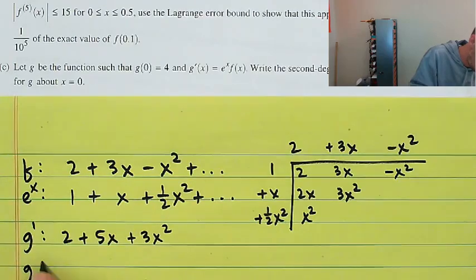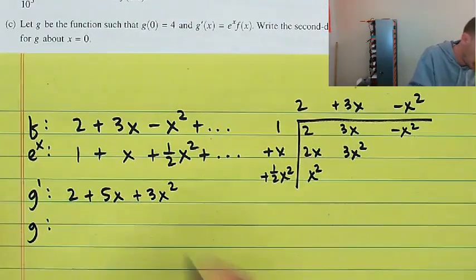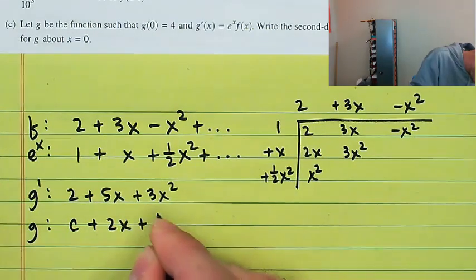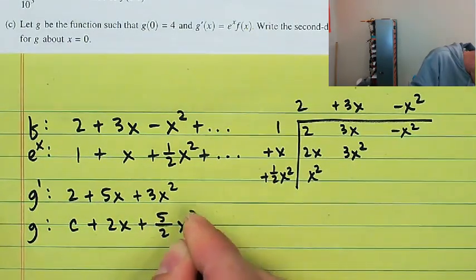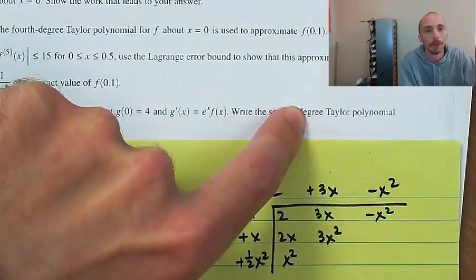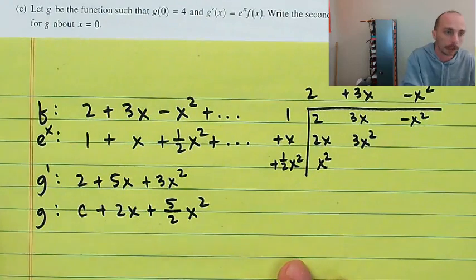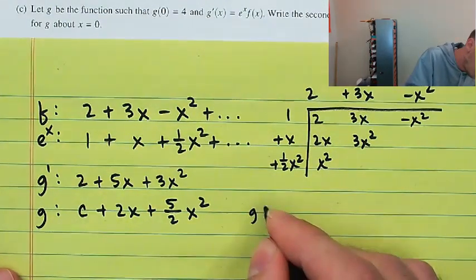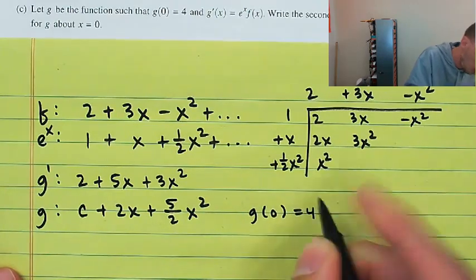Because when I go to get g, by taking the antiderivative, I'm going to have some constant plus 2x plus 5/2 x squared. And then this would go to a 1x to the 3, but I only want the second degree polynomial for g, so I'm not going to be doing that. I do need to figure out the value of c, but they told me that g of 0 equals 4.